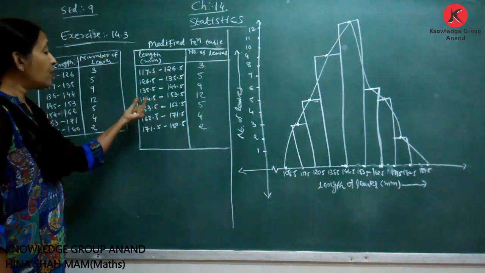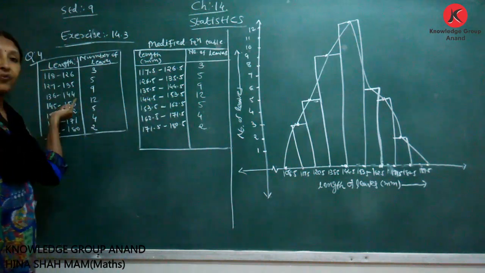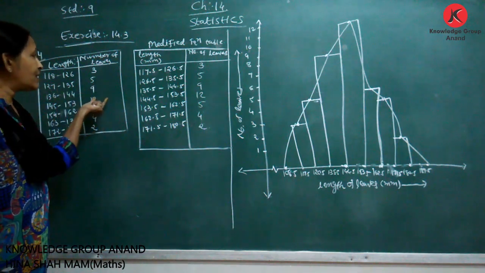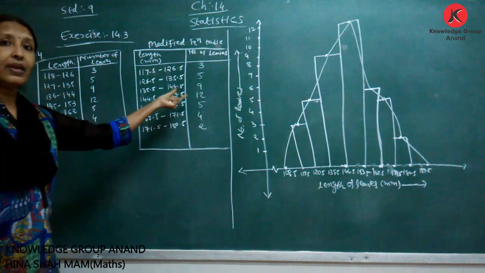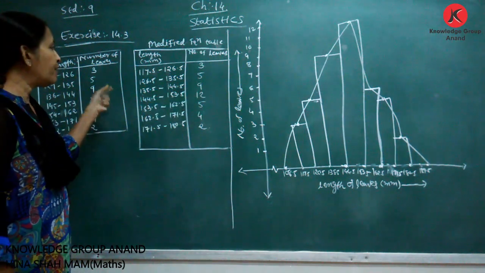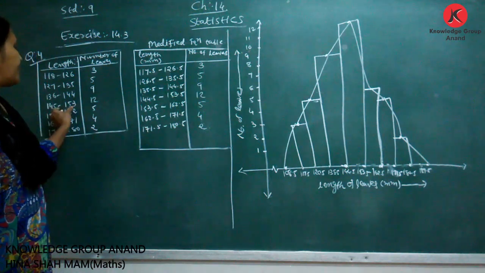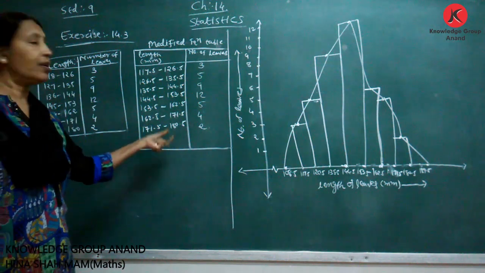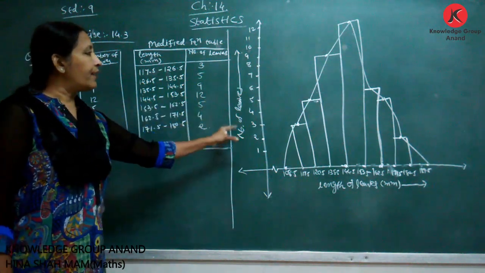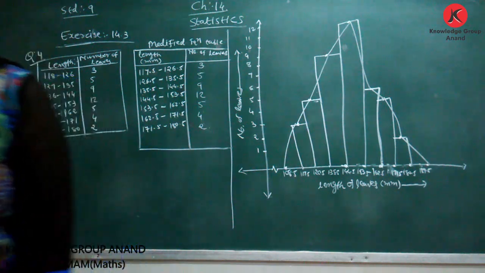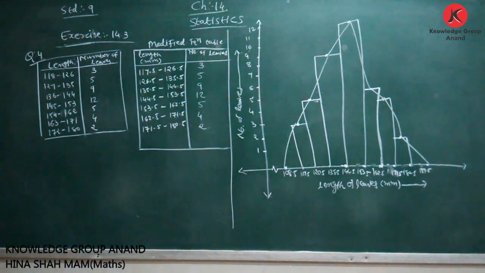No, because it is lying in the 145 to 153 class interval. 12 leaves have lengths like 145, 146, 148 between this. Then your question number 4 is completed in your graph book.